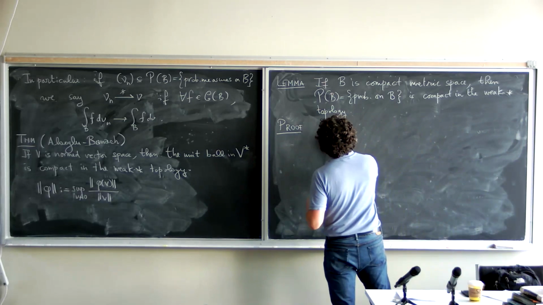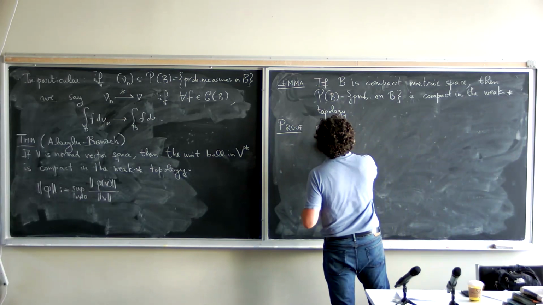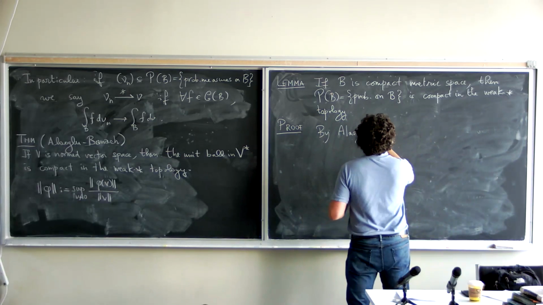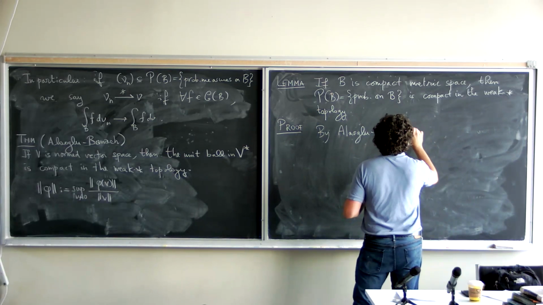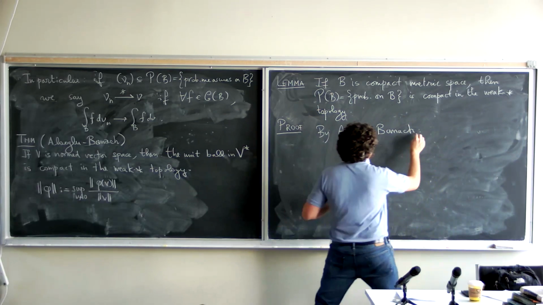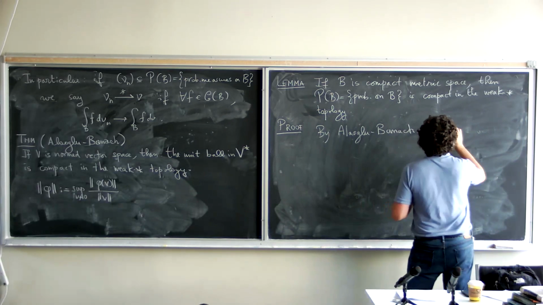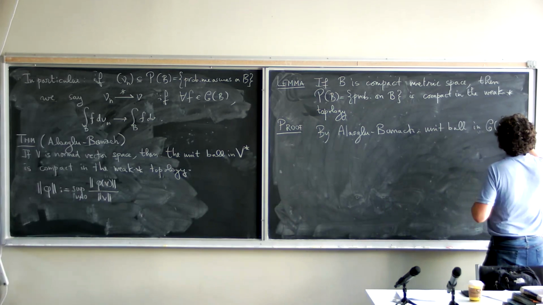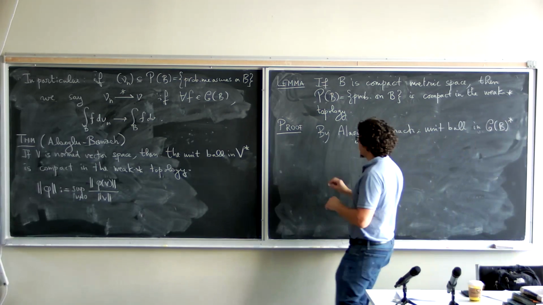So by Banach-Alaoglu, what do we have? We have that the unit ball in C(B) star is compact.